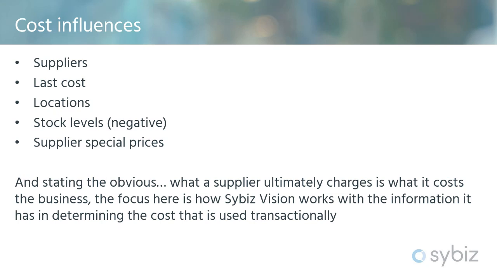And obviously, what a supplier ultimately charges you is what it's going to cost the business. But there are certain things in terms of timing. So you may have inventory items that are delivered into stock and then sold before you actually get the purchase invoice from the supplier. And so there are considerations that we'll need to keep front and center as we go through this webinar as well.